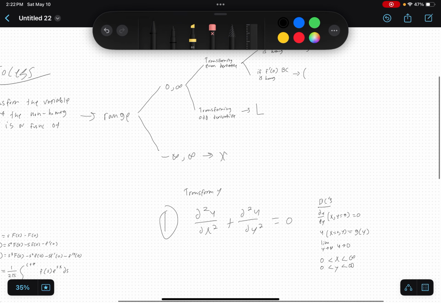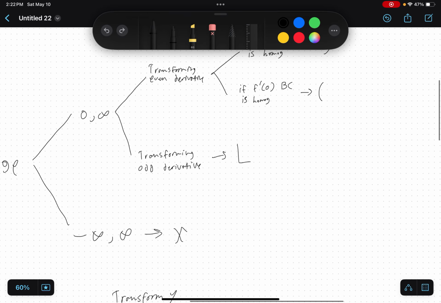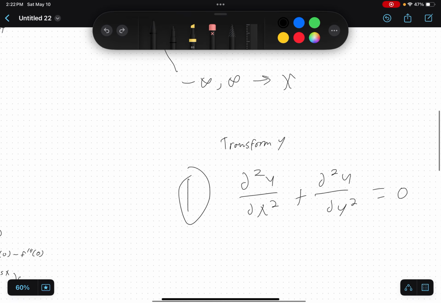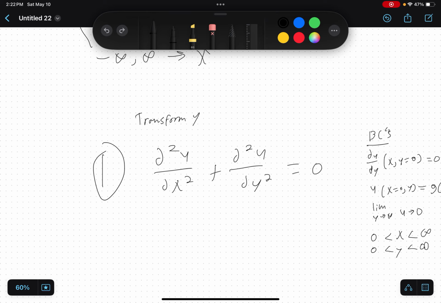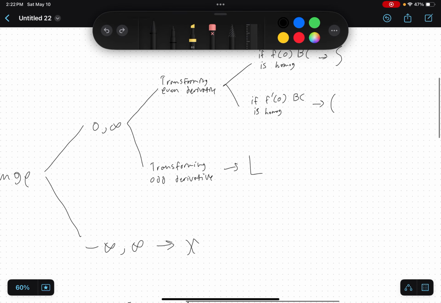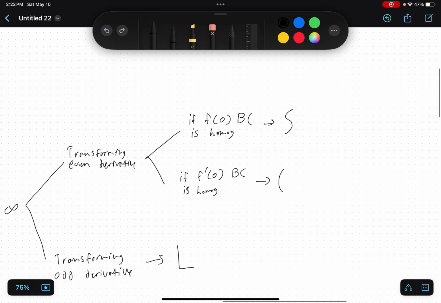Okay, we said we're transforming y. We're going to be up here because our range is 0 to infinity. Are we transforming even or odd derivatives? Here, y is an even derivative. Now, if f of 0 is homogeneous, then we use sine.